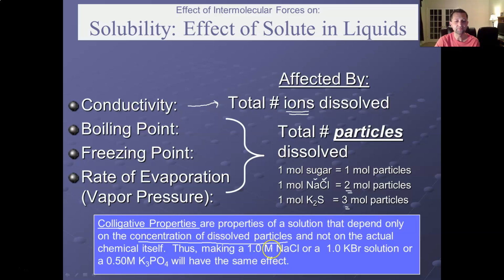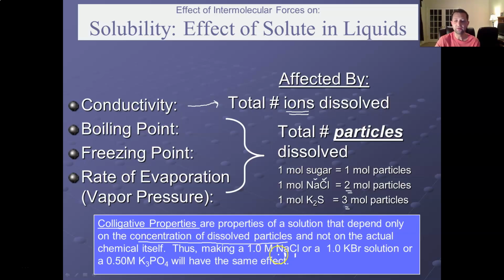So let's look at that. 1 mole of NaCl means you have 1 molar sodium and 1 molar chlorine. So 1 molar is 1 mole per liter.